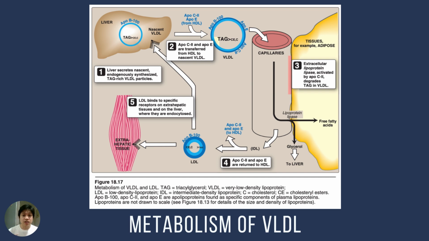After releasing these lipids, what is left would be intermediate density lipoprotein. So that intermediate density lipoprotein can go directly to the liver where it will be repackaged, or it can continuously circulate through the capillaries until it becomes more dense in the form of low density lipoprotein, from VLDL to IDL to low density lipoprotein.